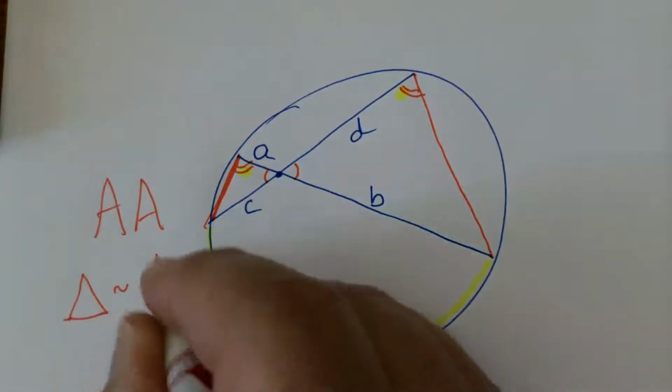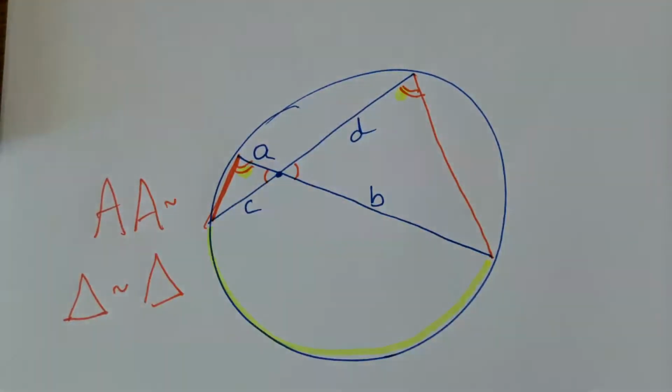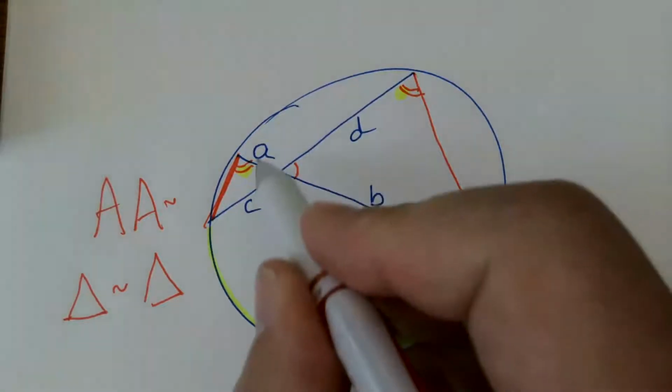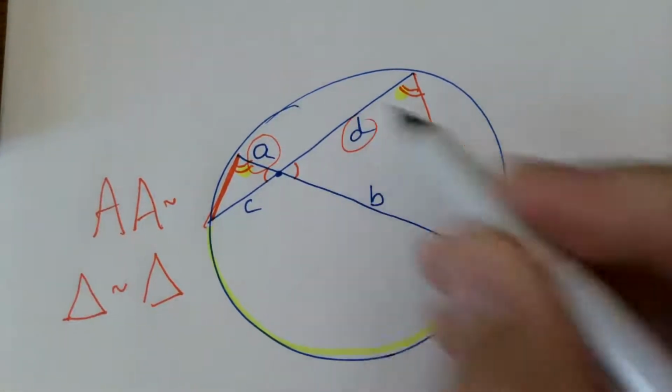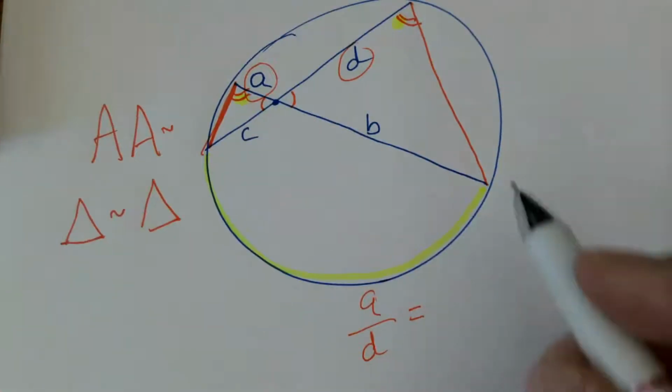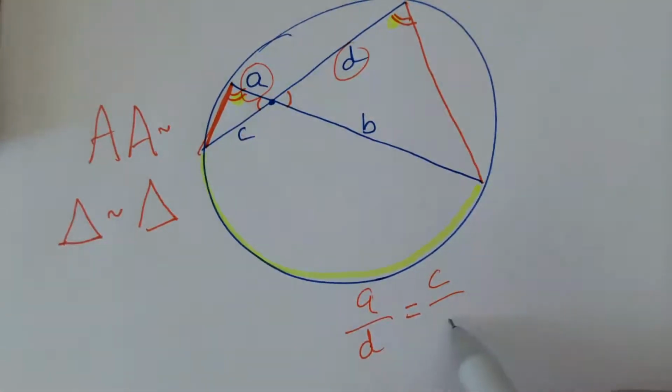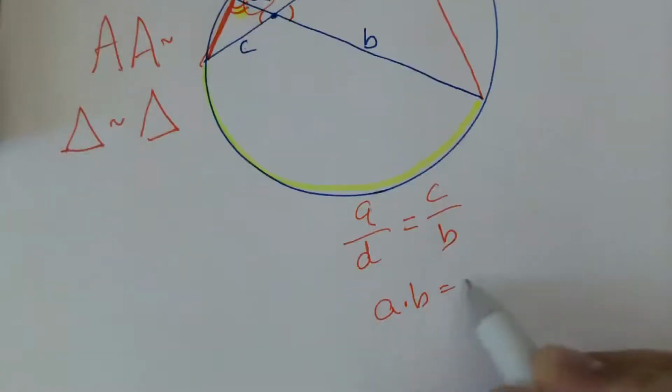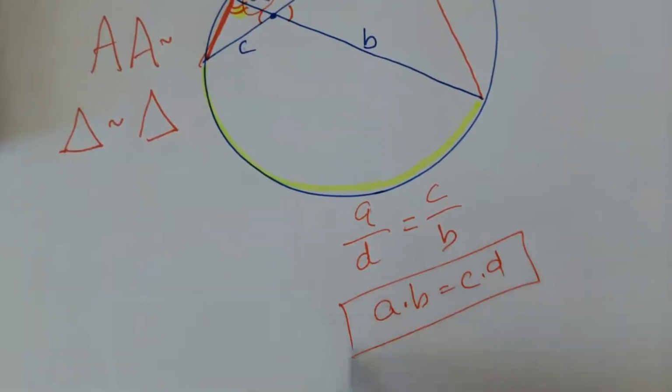Yes. It proves they're similar. So once these 2 triangles are similar, I can then say that corresponding parts are proportional. That's what similar triangles give us, which then lets me cross multiply to say that A times B equals C times D.